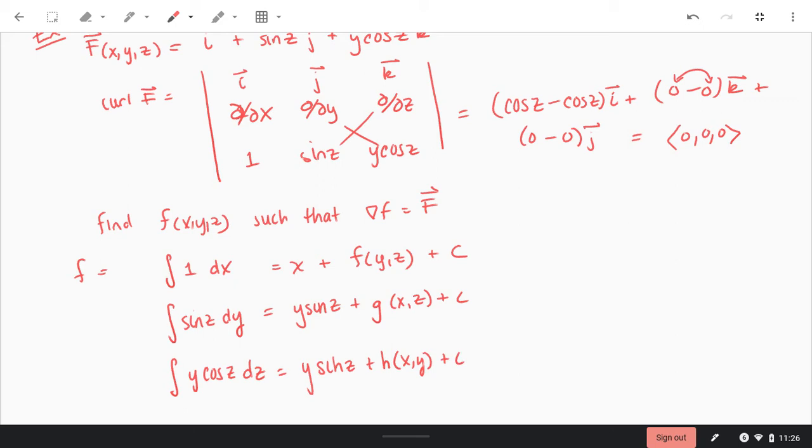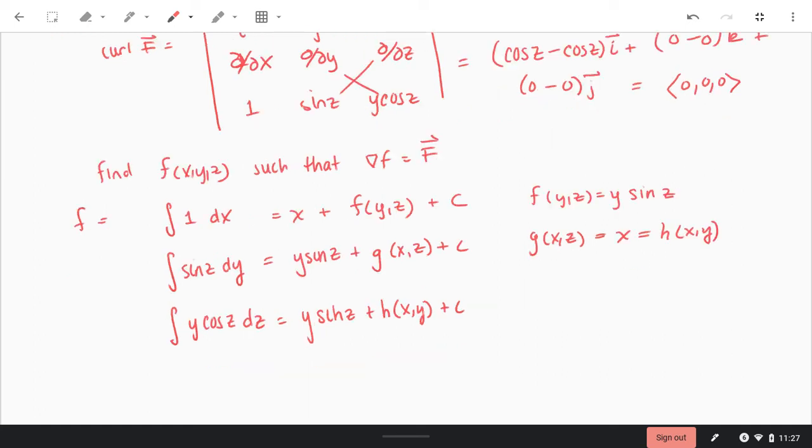Okay, well, we can see here then that this f of y and z has to be y sine z. Okay, g of x and z has to equal x, which is also h of x and y.